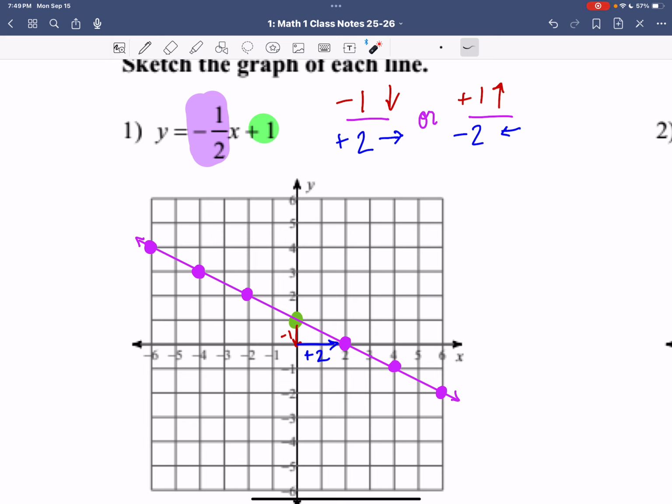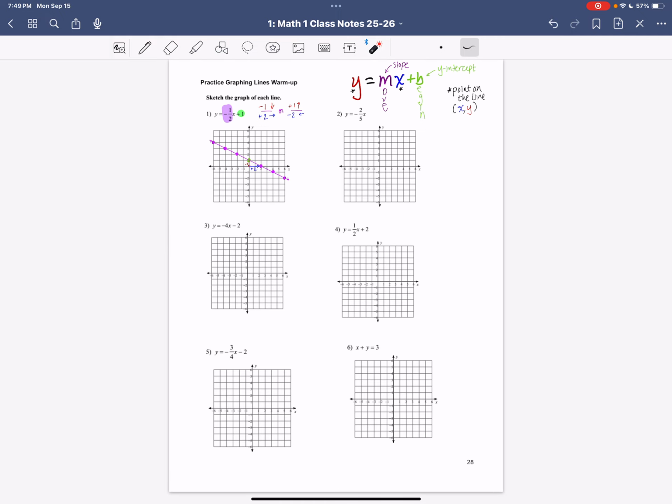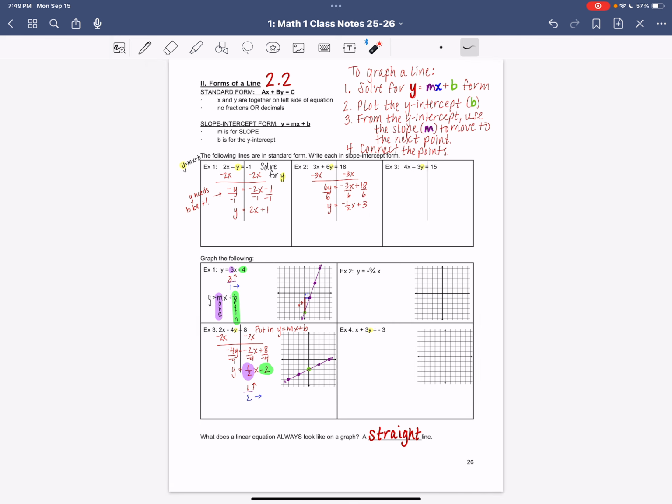But I usually go what direction it tells me to go first. So I go down 1 to the right 2, down 1 to the right 2, down 1 to the right 2. And remember, you can reverse it and go up 1 and to the left 2, up 1 to the left 2, up 1 to the left 2, and then connect your points. So we'll be talking about that, but if you want to give the rest a shot, you can go ahead and give those a shot, and then that is your forms of a line.